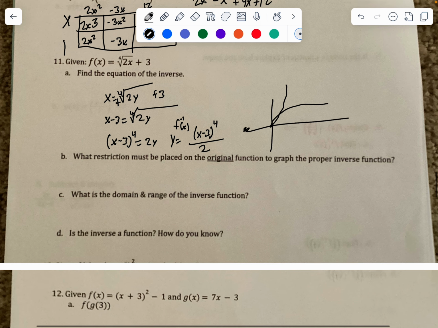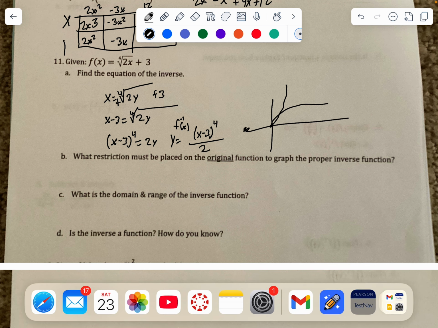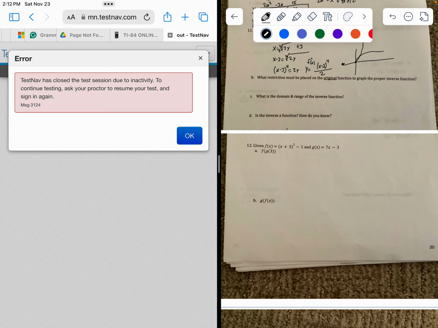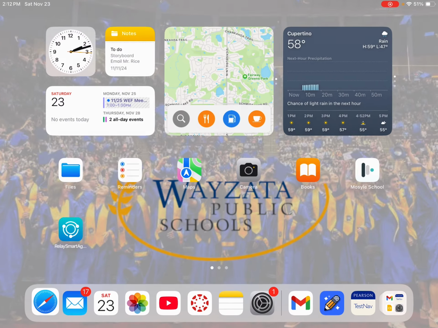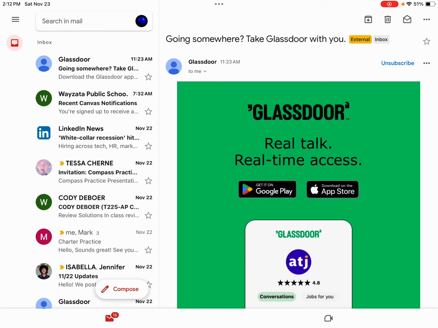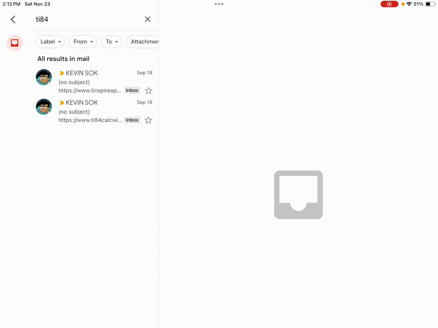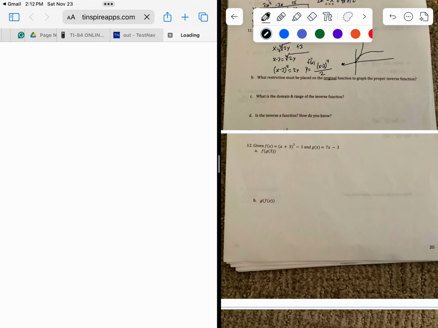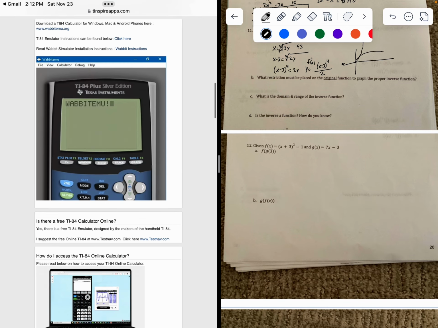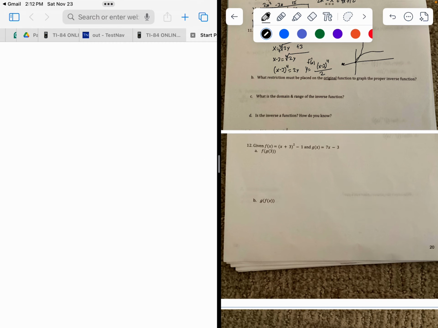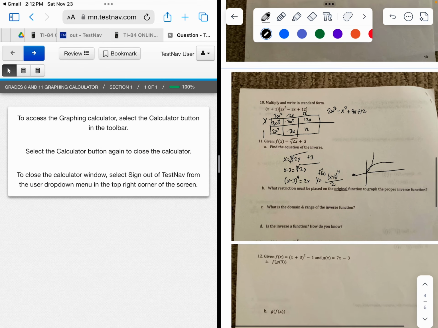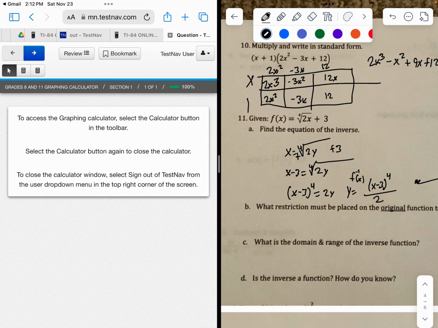So let me whip out the calc. So we're going to graph f of x.